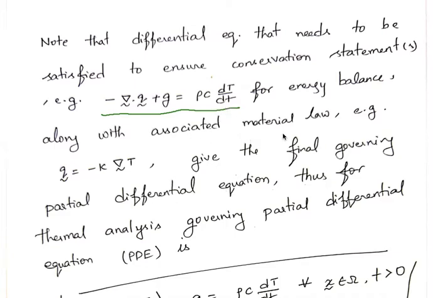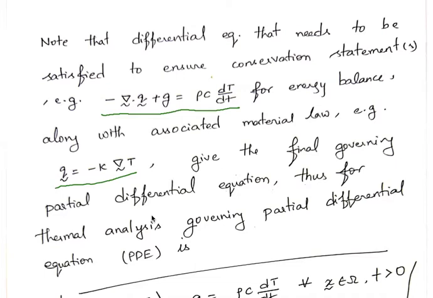Now what is the material law? The material law is the Fourier law of heat conduction, which tells that heat flux is equal to minus k times the gradient of temperature. Now if you take the material law and put it into the differential equation we got from the conservation statement, that will give us the final governing partial differential equation for the problem.